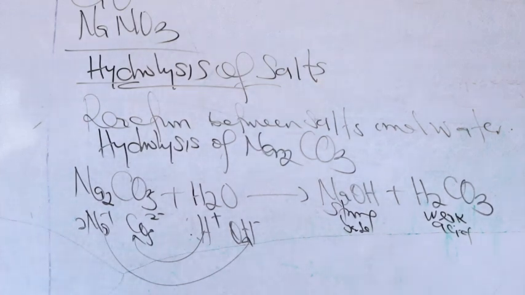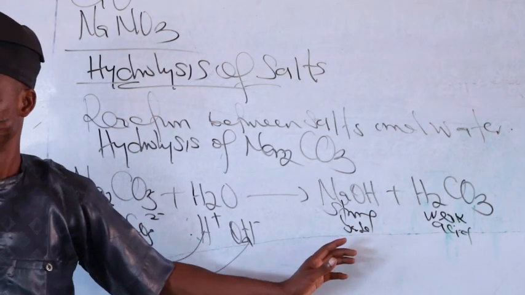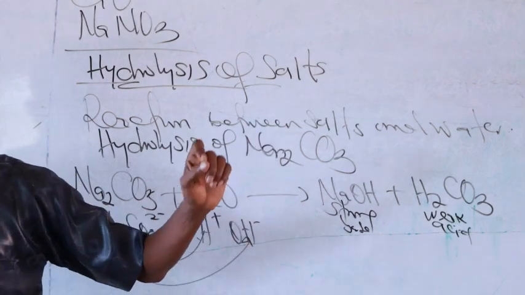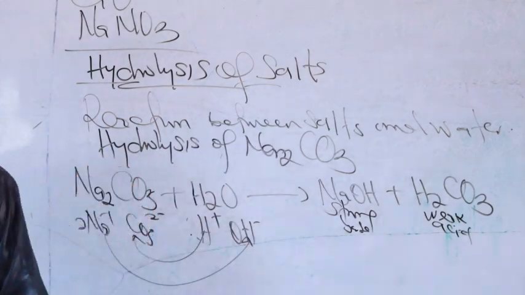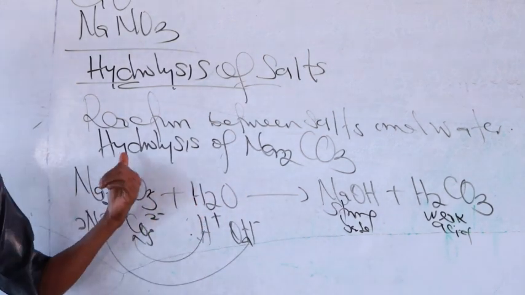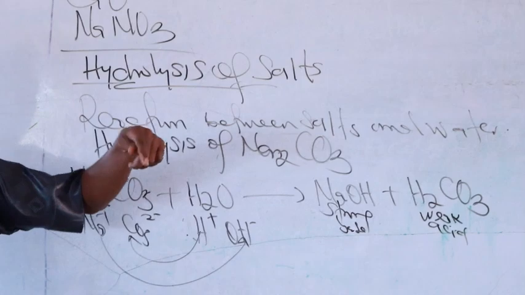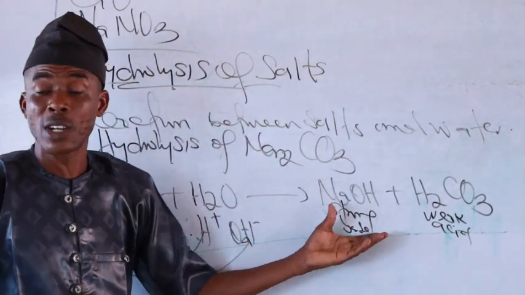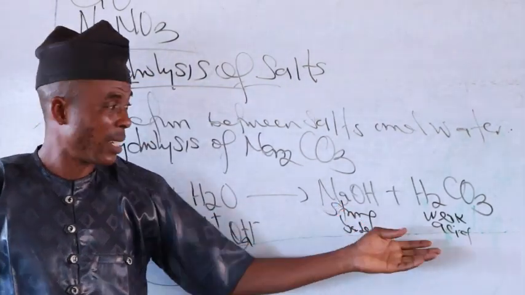And that is why during acid-base titration, if you are given the solution of sodium trioxocarbonate(IV), it serves as what? To serve as a base. Because the solution of Na2CO3 in water is going to give a strong base and a weak acid.